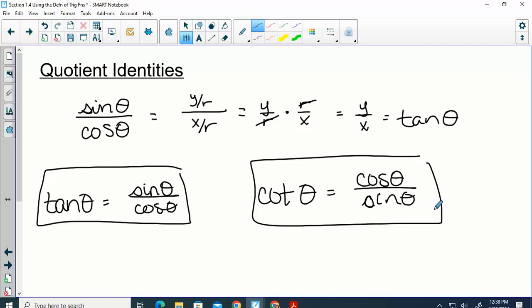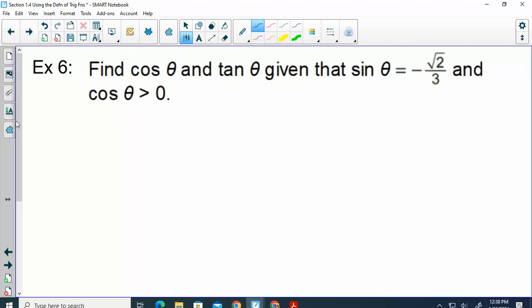So I just wanted to finish with an example or two, just to show you how you might use these. So in this one, I want cosine and tangent. And I'm going to tell you sine is negative radical 2 over 3 and cosine is greater than 0. Tell me one way I could do this.